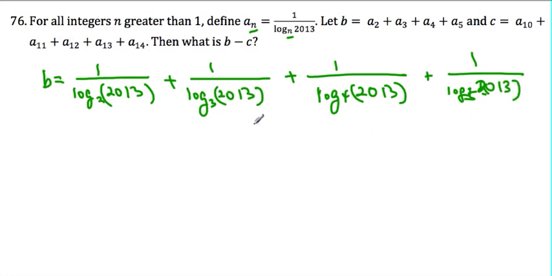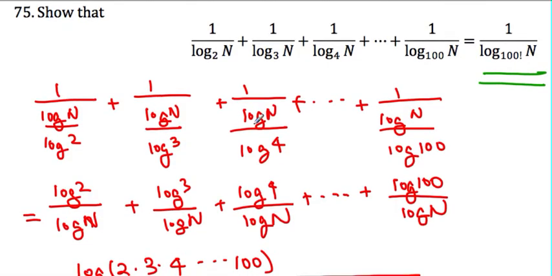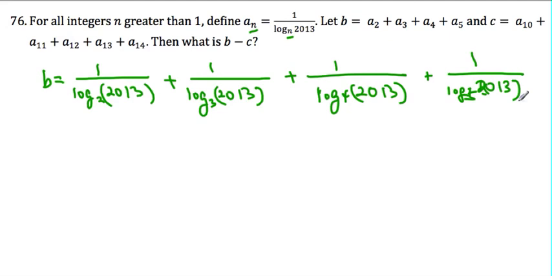But this question is similar to the previous question, where I can separate the results and then its base. Then we end up getting 1 over log of 2013 over log of 2.